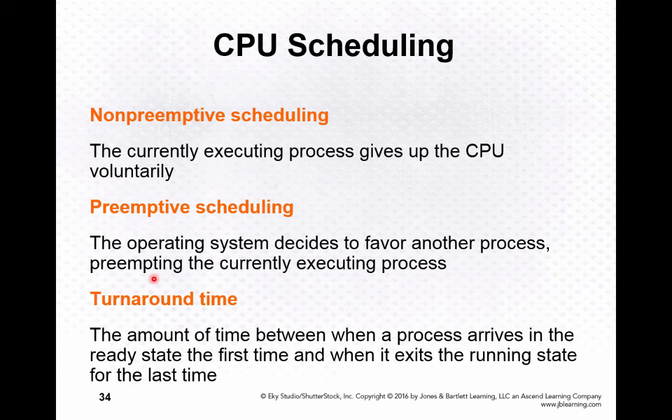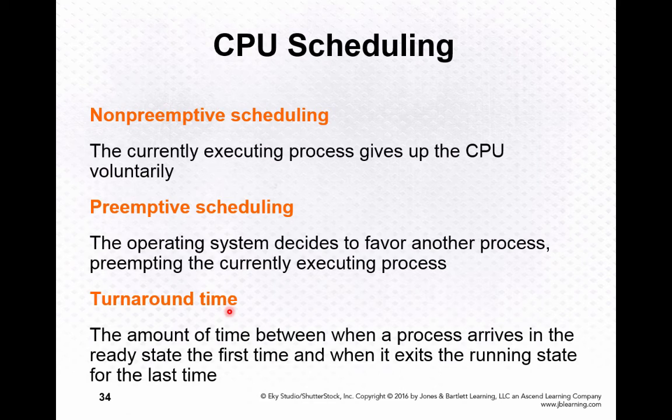And then the turnaround time would be the measurement. The idea is the time from when a process arrives until when that process finishes, including the amount of time that process spends in the ready and the waiting states. That would be the turnaround time. Generally, as a user, you just want to know from when I start the program to when it finishes, how long does it take?